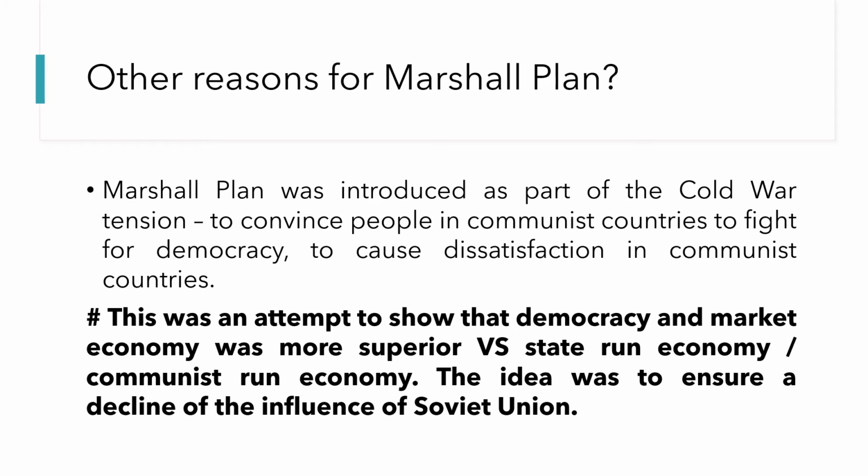Of course, there were other reasons, and one of the main reasons is definitely a show off, I would say. The very fact that the Marshall Plan was very successful, and a lot of the countries in Europe, especially Western Europe, we're not talking about Eastern Europe, we're not talking about communist countries, we're not talking about the Soviet Union. They were not as successful, and they were very envious about the success of maybe West Germany at that time and a lot of European countries.